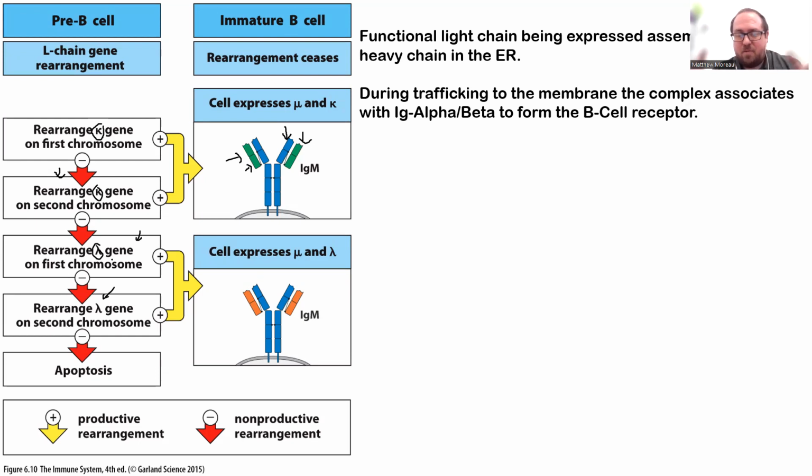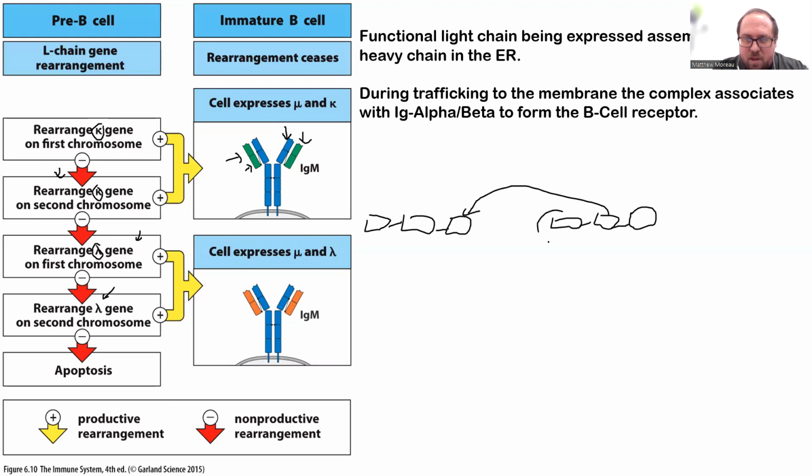But if anything happens in between, it's however many variable segments and joining segments you have remaining, after everything else is looped out in between pulling those genes together. So if you have blocks like so, and you're looping this segment to this segment, only this is then going to be looped out to produce that successive recombination event.